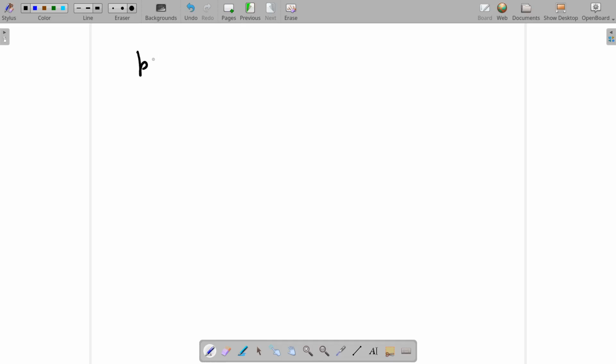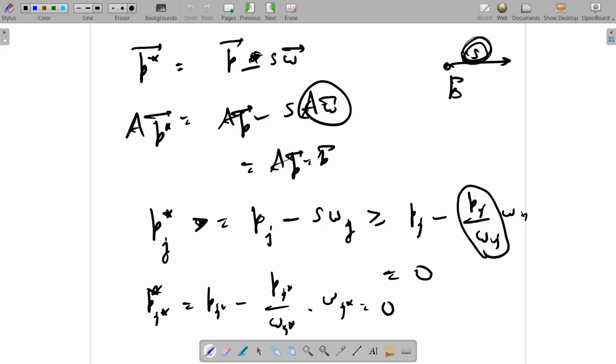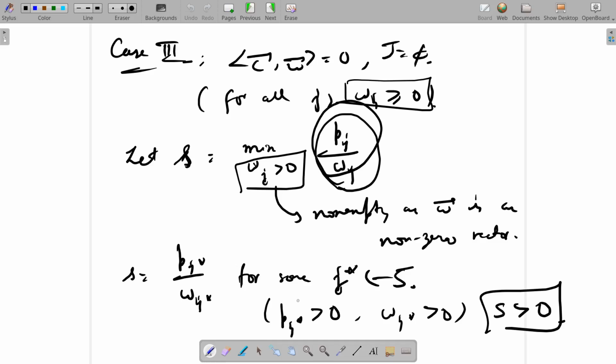So P star is feasible and P star j star equals 0, while Pj star is strictly bigger than 0. And that's by the same logic as in case 2. Go through these proofs once again and draw the parallels. Because if P star j star is equal to this, I would be claiming that this is in fact equal to 0, which is not the case, because Wj star is strictly bigger than 0, and Pj star is strictly bigger than 0. That's what we showed here.